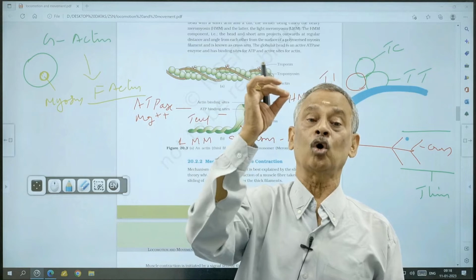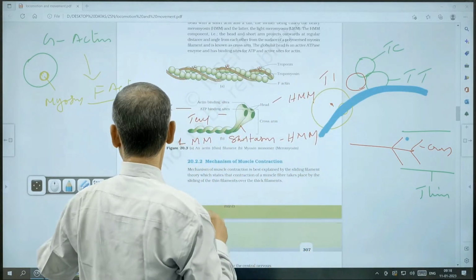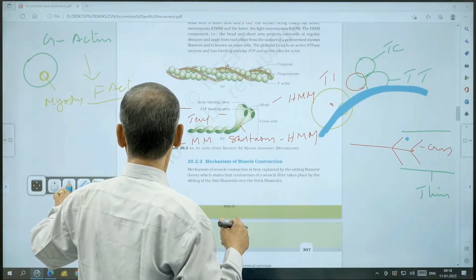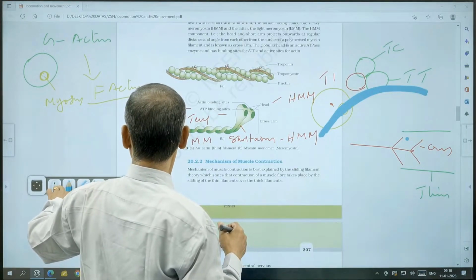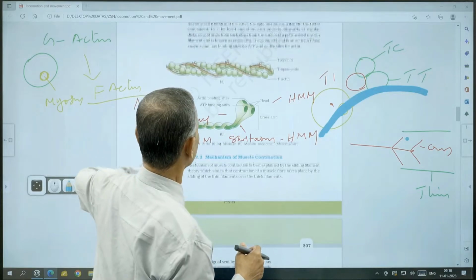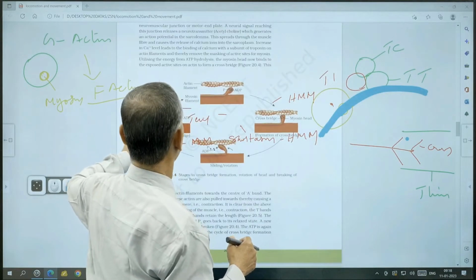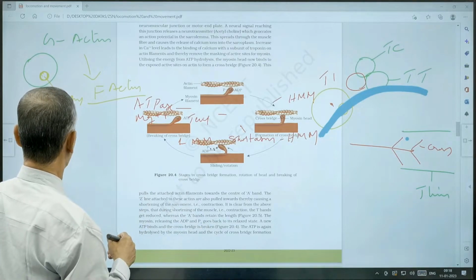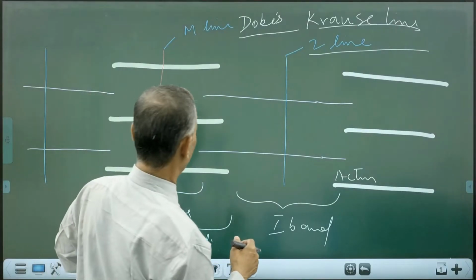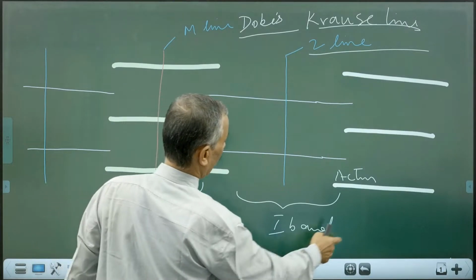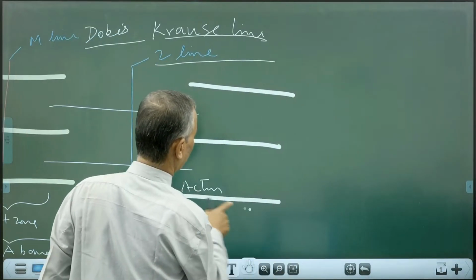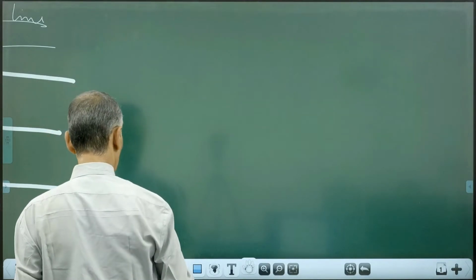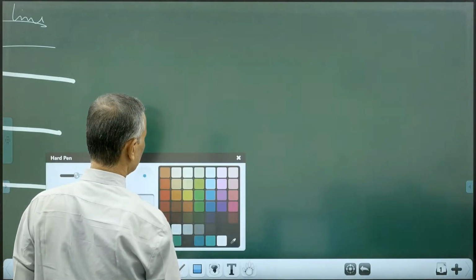A motor nerve brings that impulse, and when it reaches the muscle, there is a junction between the muscle and the neuron. It is called the neuromuscular junction.